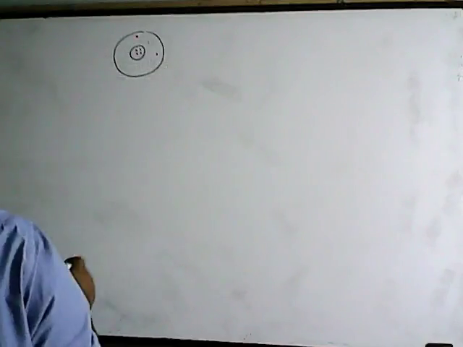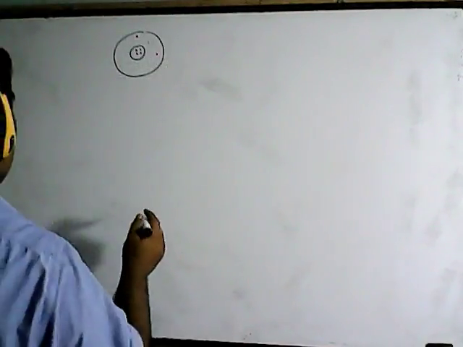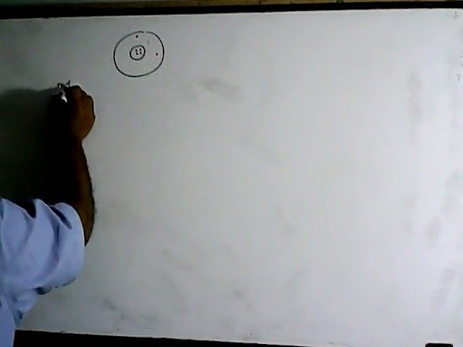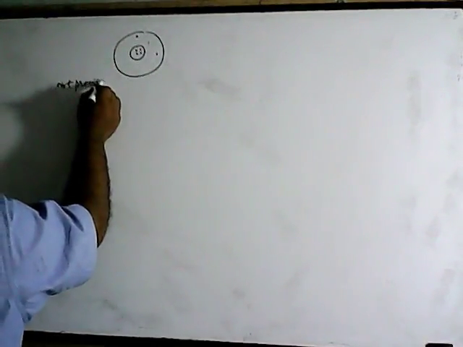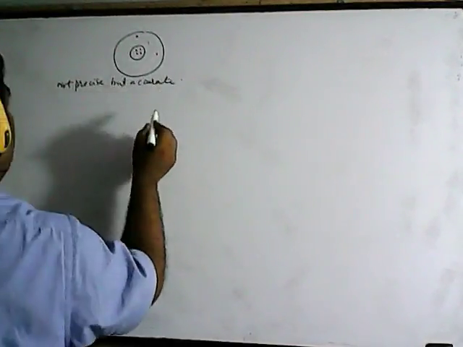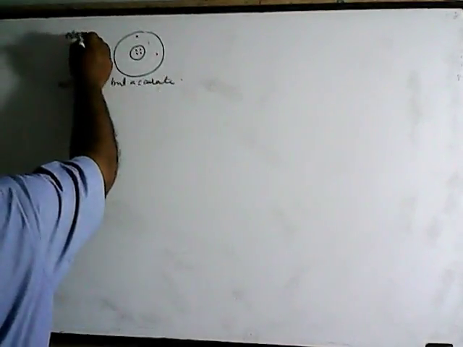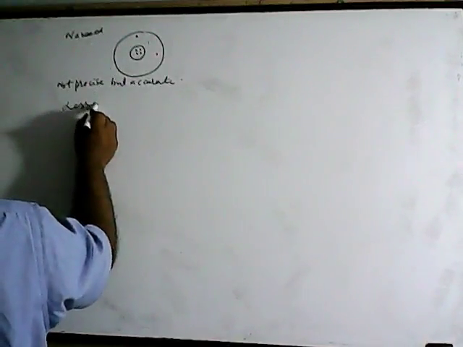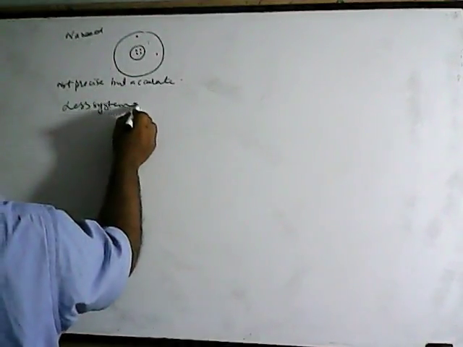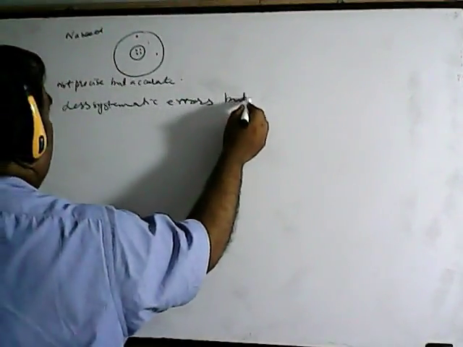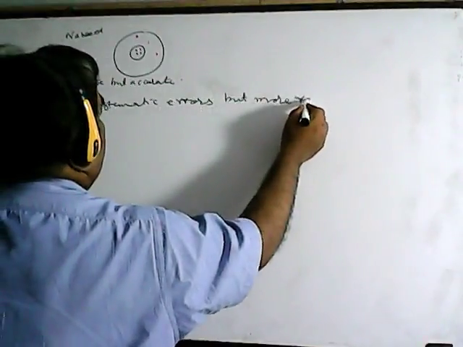I don't remember the actual, but this is the case. So he was not precise but accurate. He may have less systematic errors but more random errors.